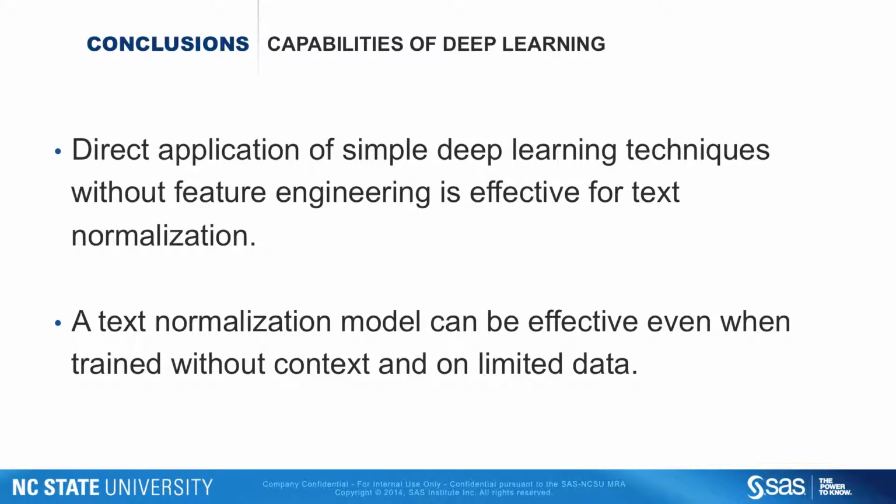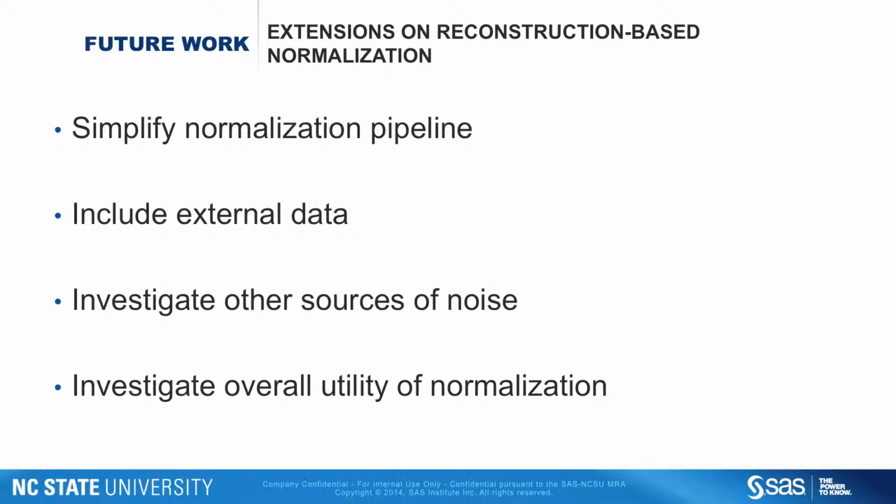So, in conclusion, the direct application of simple deep learning techniques without feature engineering is effective for text normalization. And a text normalization model can be effective even when trained without context and unlimited data. So for our future work, we are thinking of simplifying the normalization pipeline to see if we can, just using the original normalizer, get the kind of results that we were getting with our whole pipeline, or even better.